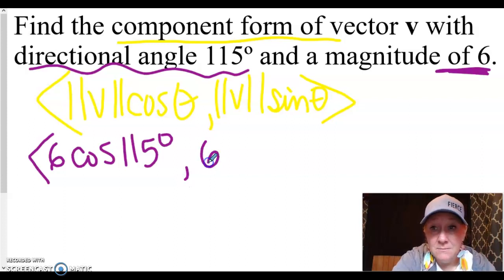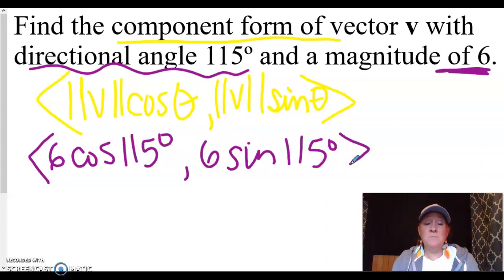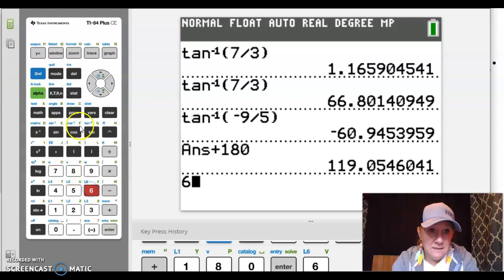Then here, my magnitude is still 6, sine of 115 degrees. That has been in other videos, but we can just start here. Now I pull out my handy dandy calculator and do 6 cosine 115.